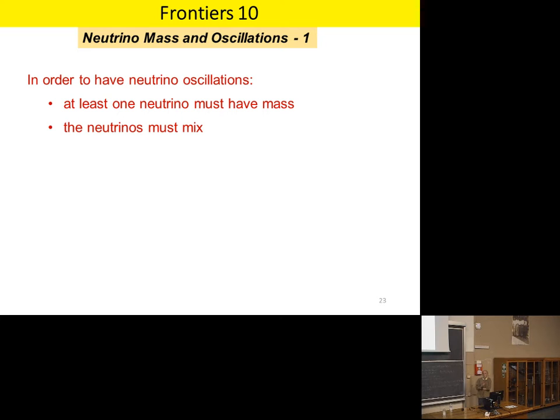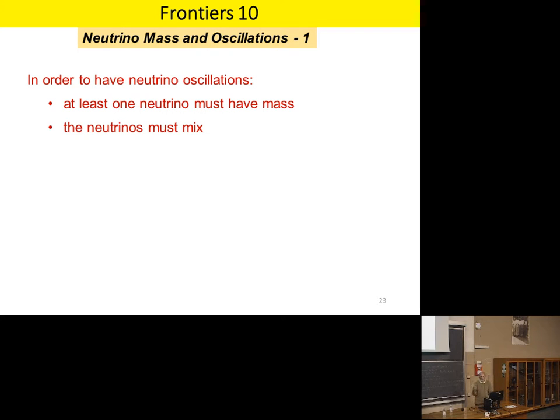In order to have neutrino oscillations, that is neutrinos changing identity, coming from the sun to us or coming from me to you if I'm emitting them, we have to have at least one of the neutrinos, something we didn't know before for sure, have some mass. It's true mathematically. If they're all massless, they're not going to interact with each other.